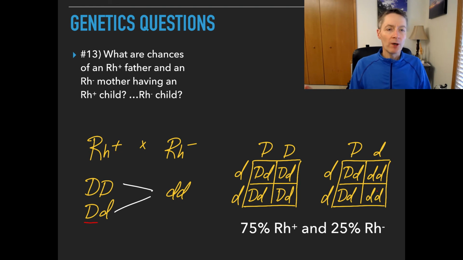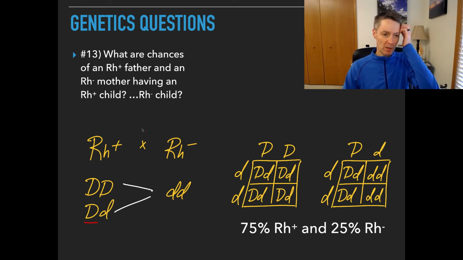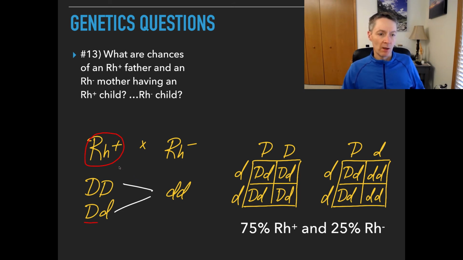Now, if you knew more information, you could actually maybe give me different answers. Like, what if I were to tell you that the person who is Rh positive, for sure has 2 genes for the Rh factor, 2 big D genes?